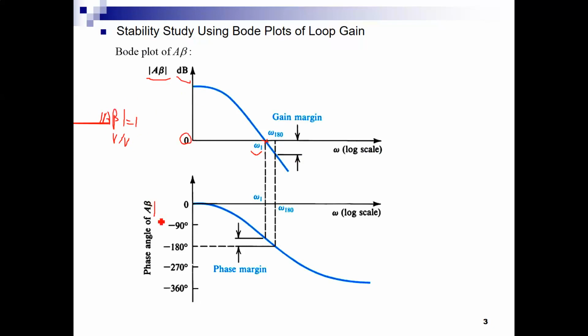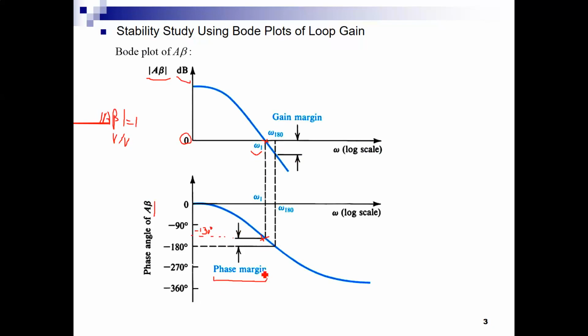if I know the corresponding phase at omega-1, let us say in this case it is for example -130 degrees. If I gave you those two graphs and you are able to read those quantities, then I will define something called the phase margin.